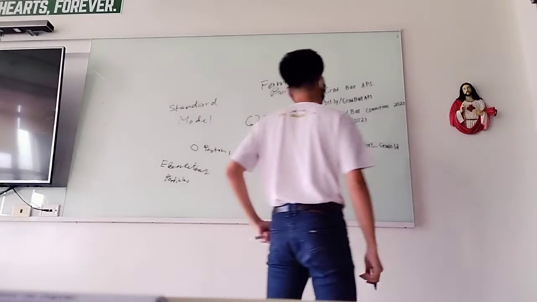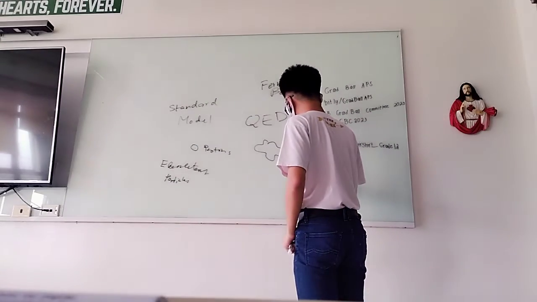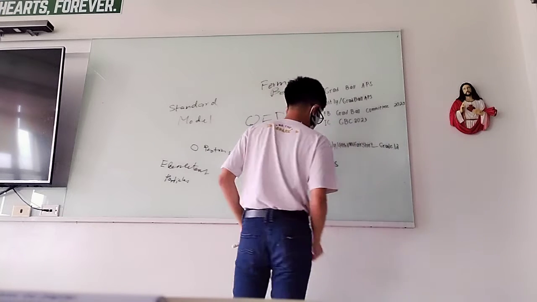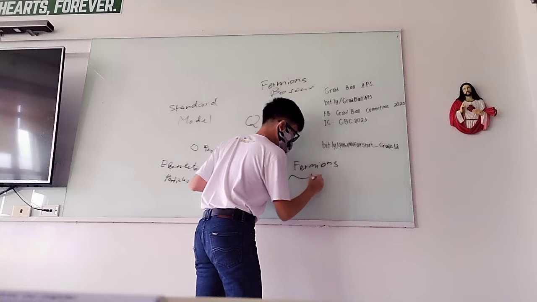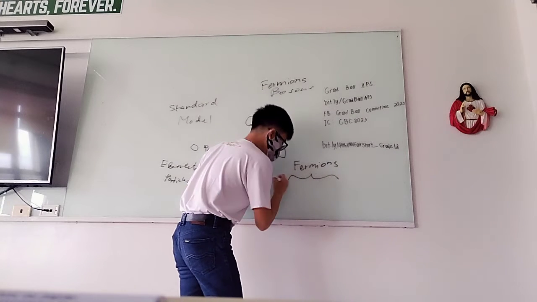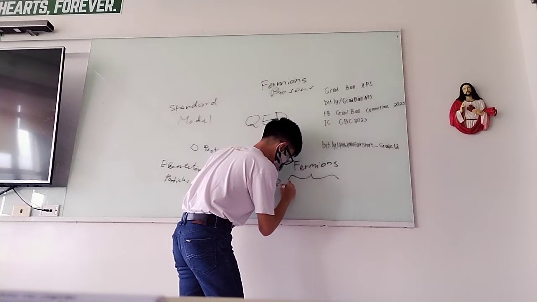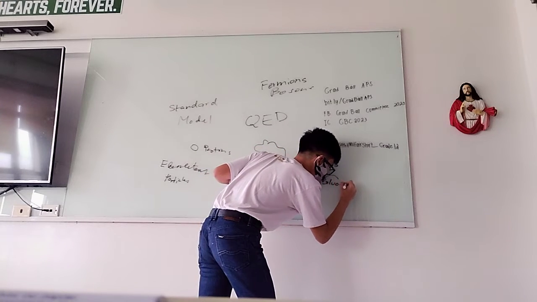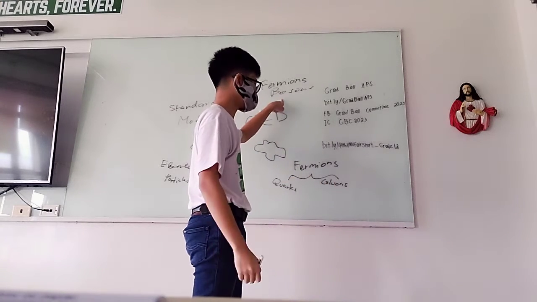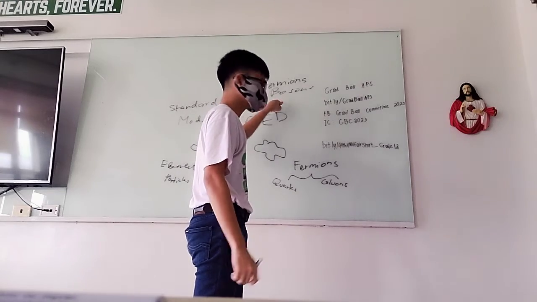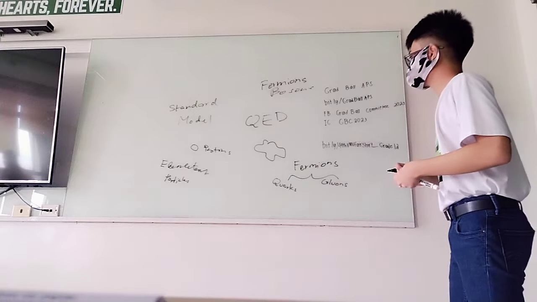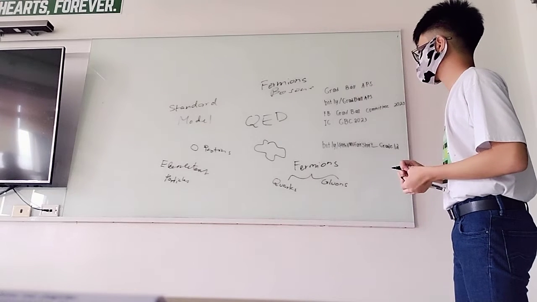The fermions branch out to different things, namely the quarks and the gluons. Or I think the gluons are under the bosons, but the categorization of all these elementary particles is a bit confusing.